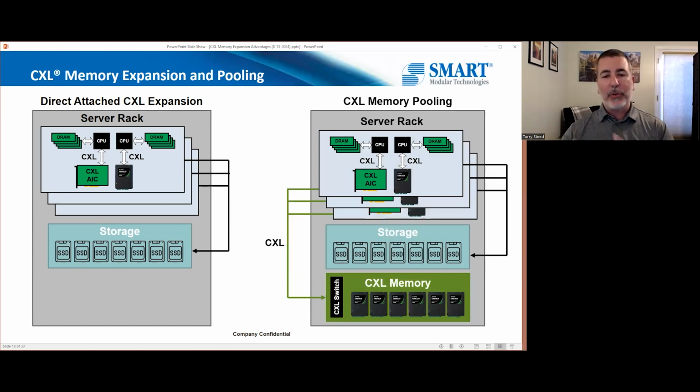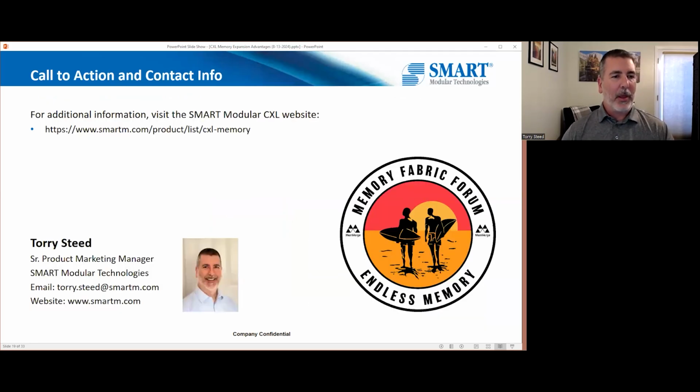But the point here is that those two are going to coincide. You're going to have CXL memory in the server as well as CXL memory that's disaggregated in a dedicated appliance too. And it remains to be seen what kind of benefits we'll get from that combination of those additional tiers. So looking forward to seeing that.